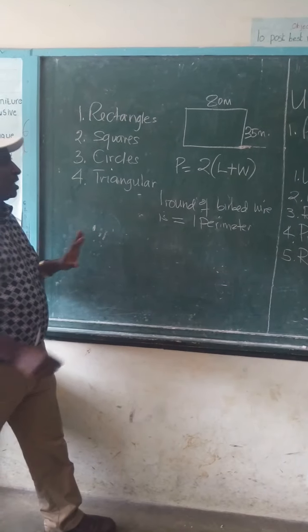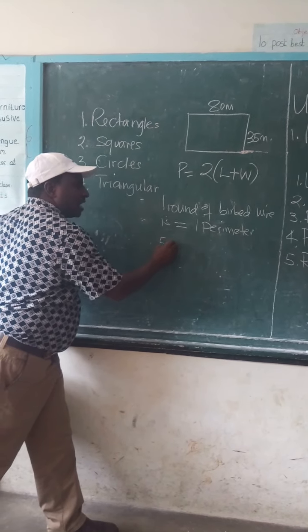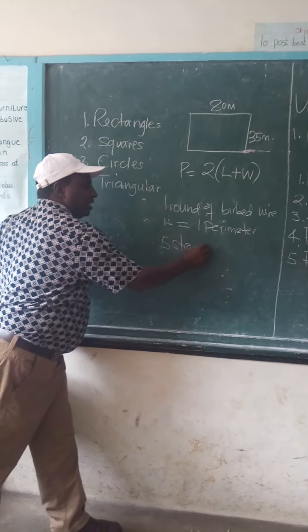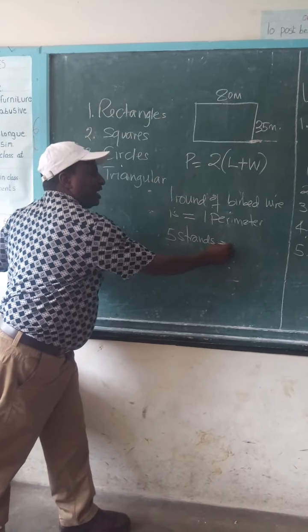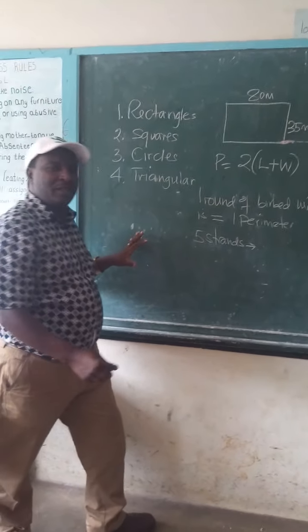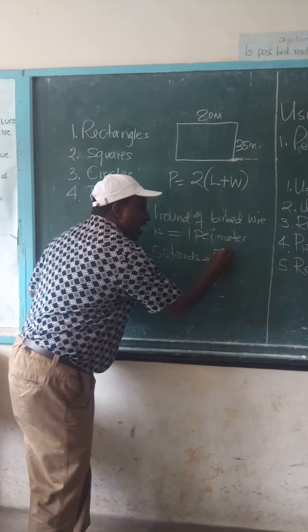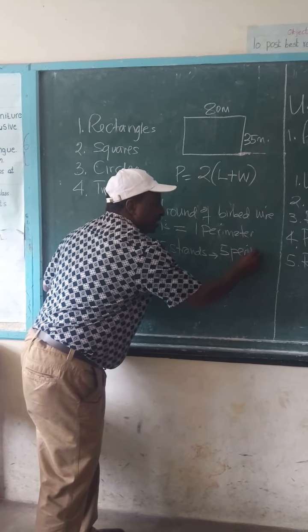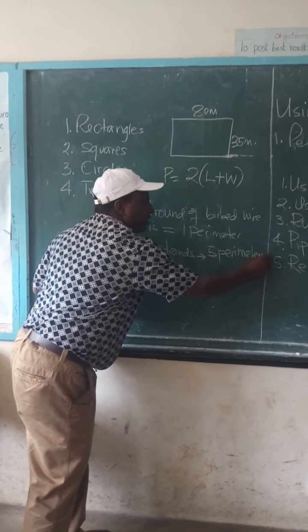So if we were to use 5 strands, then we are saying what? It will be 5 perimeters.